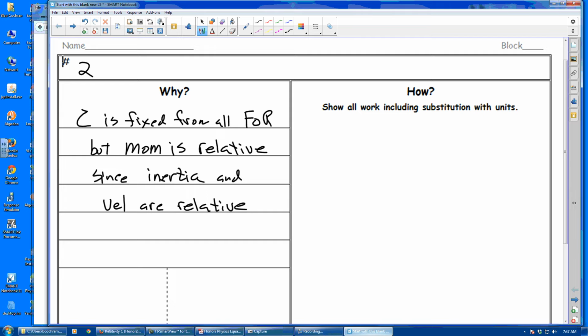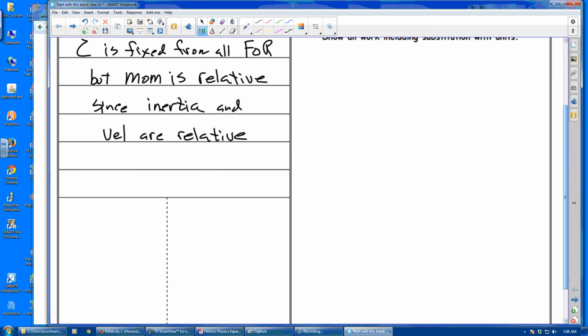And I should also note that momentum increases relativistically.